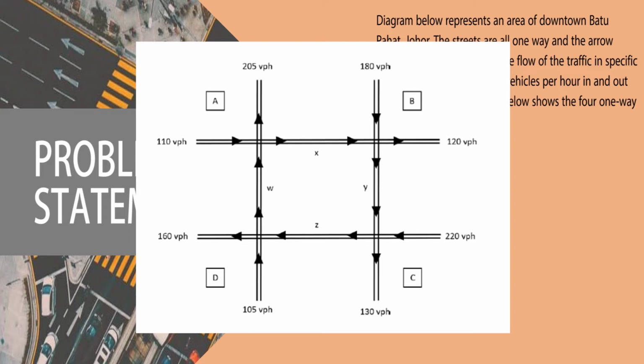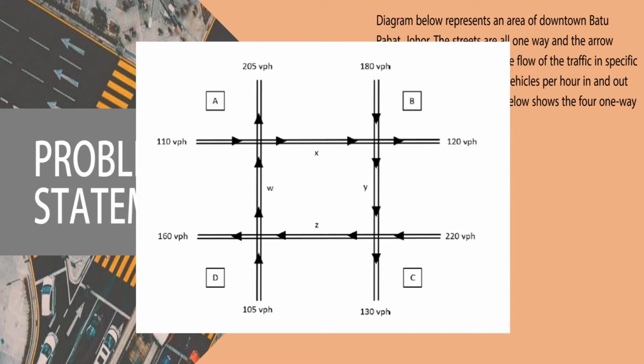In the diagram, at A, there are 110 vehicles per hour that enter the intersection and 205 vehicles per hour that leave. At B, there are 120 vehicles per hour that enter the intersection and 180 vehicles that leave.